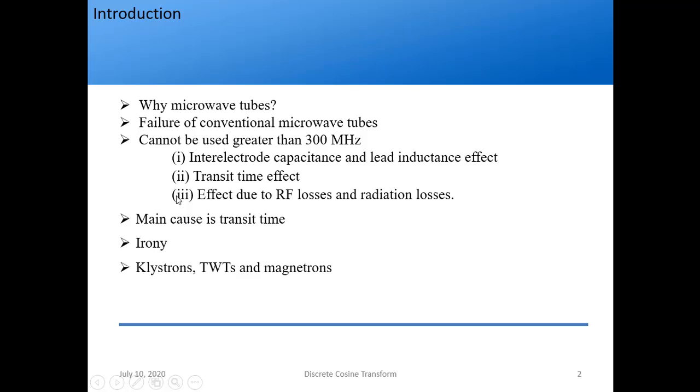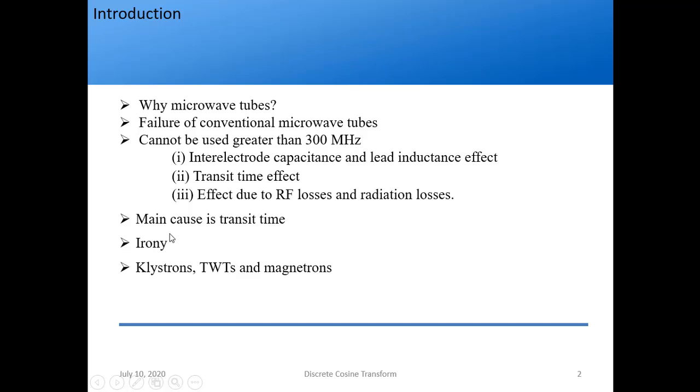By the time the signal from AA prime travels to BB prime, the new signal coming at AA prime is obviously of different voltage because it is a sinusoidal generator, right? That is the reason we get different voltages, and that is why we call this effect transit time effect. Apart from these three effects, the main effect which causes the conventional microwave tubes to fail at 300 megahertz or above is transit time.